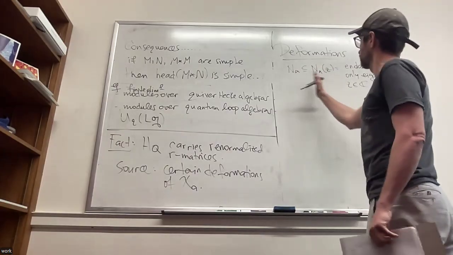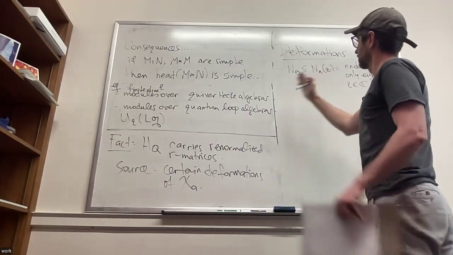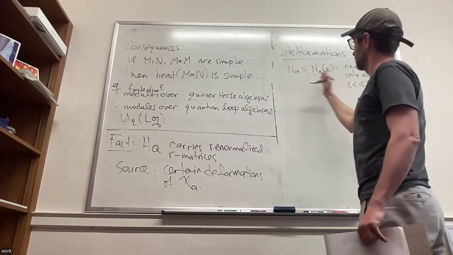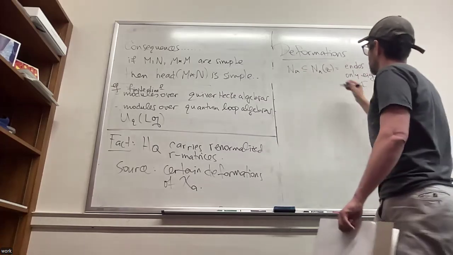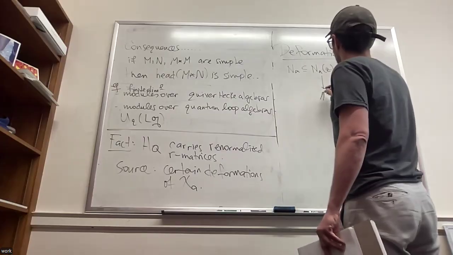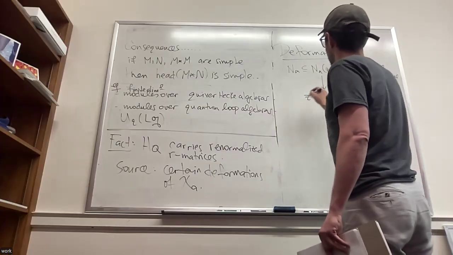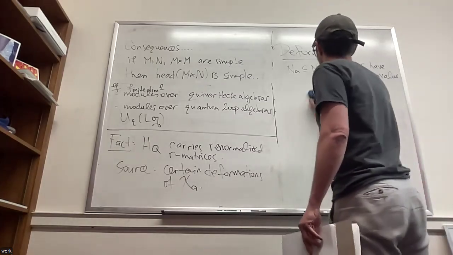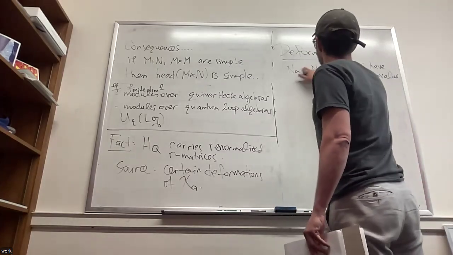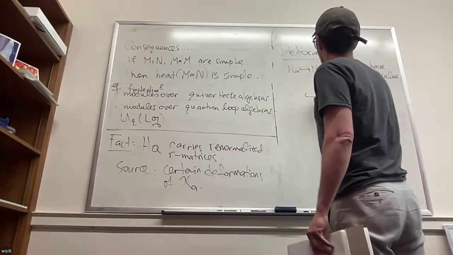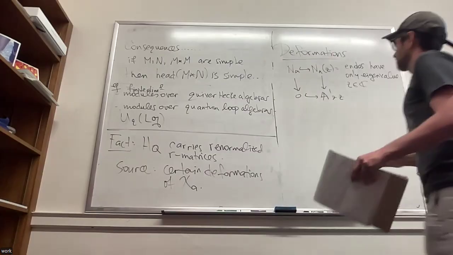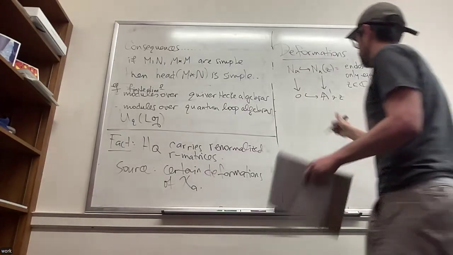Notice this is a trivial deformation in the sense that I could just take a nilpotent and add z times the identity, and that identifies this into a trivial family over z in A1.